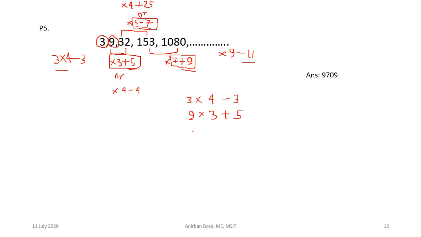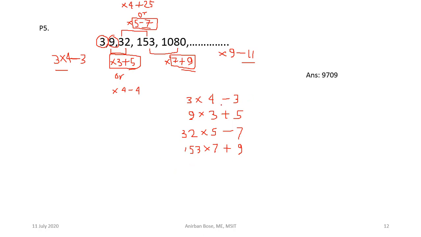Okay, then it is 32 into 5 minus 7. Then it is 153 into 7 plus 9, and in this way it is occurring, right?